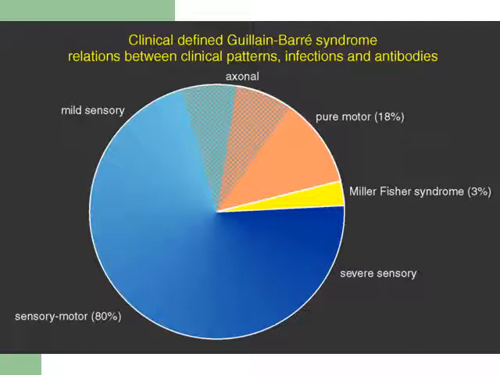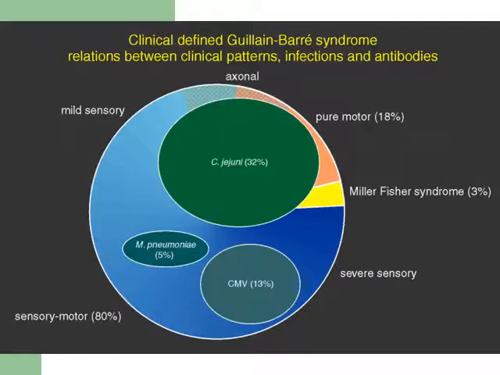It's mainly sensory motor, as you see in most of the cases, while it could be pure motor in 18% or mild sensory. It could be Miller-Fisher, which is severe axonal forms of neuropathy, because Guillain-Barré is usually demyelinating neuropathy.